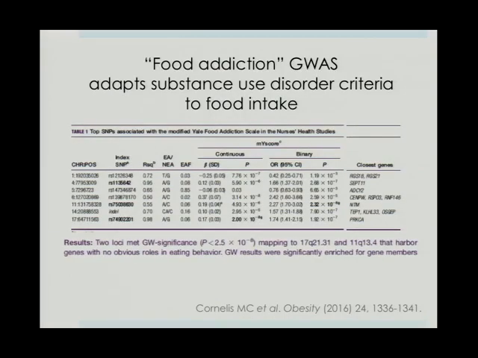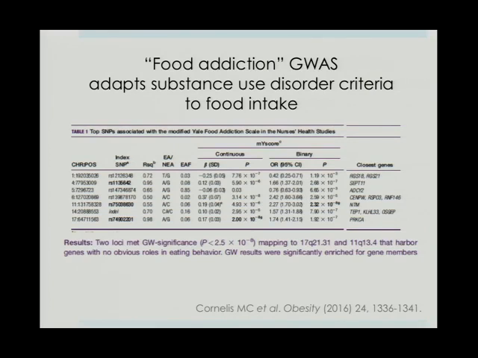So this group, however, decided to take the idea of food addiction and just run with it. Instead of measuring the genetic correlation between food intake and reward system deficits, this group tested for the association of common genetic variants and a food addiction score.